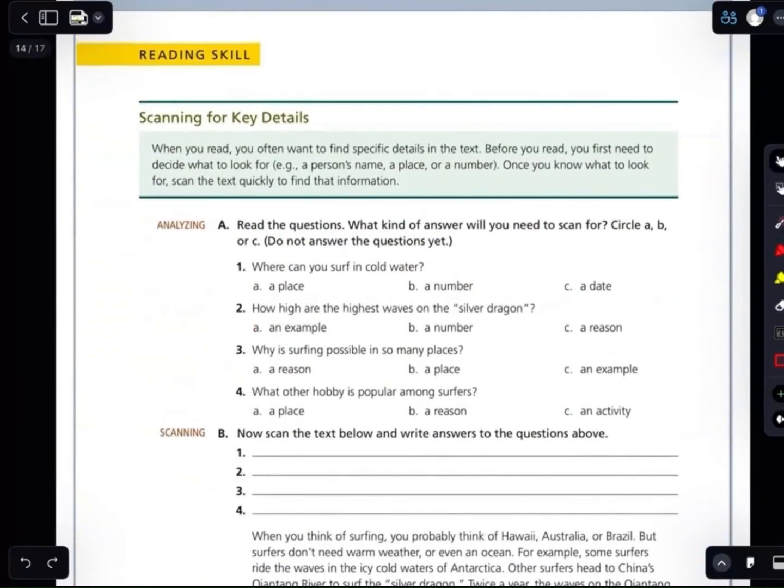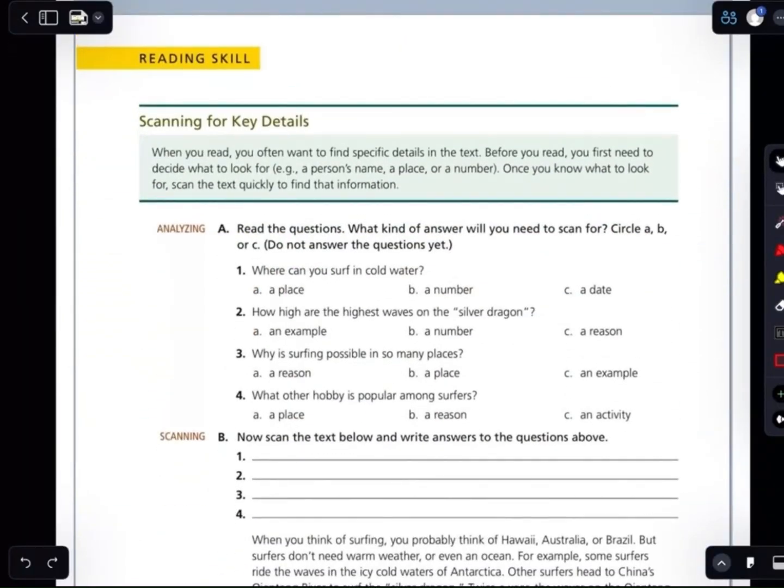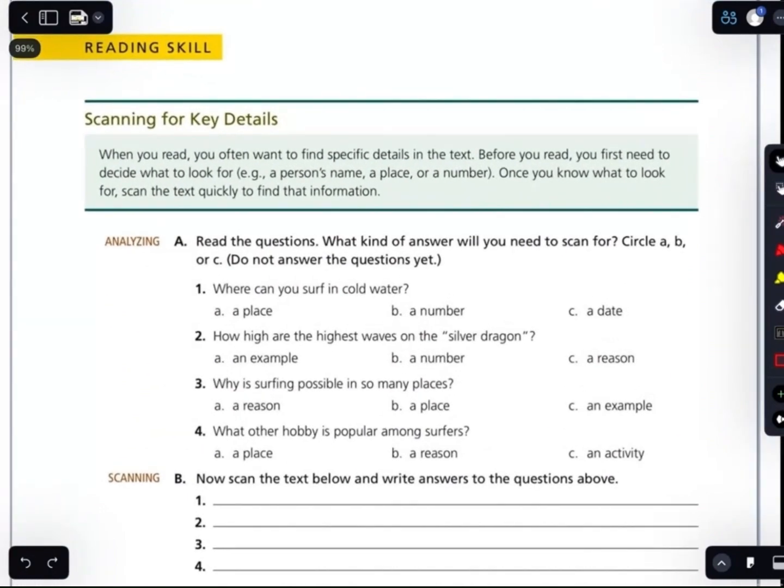Okay. Reading skill, scanning for details. When you read, you often want to find specific details in the text. Before you read, you first need to decide what to look for, e.g., a person's name, a place, or a number. Once you know what to look for, scan the text quickly to find that information. Scanning for key details.